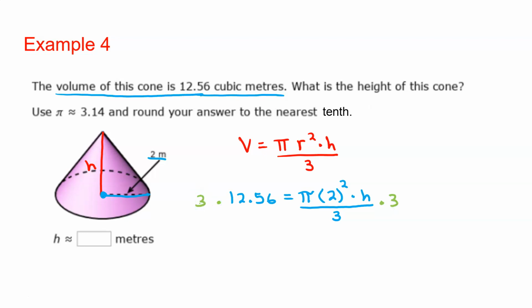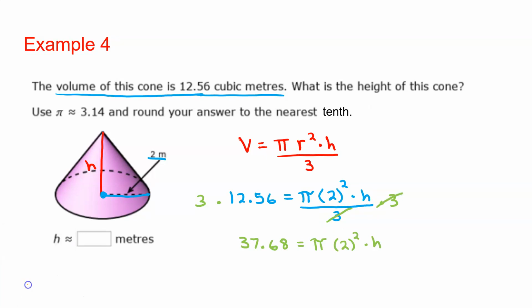Let me do that for the left side. What is 3 times 12.56? That gives me 37.68 is equal to pi times my radius, which was 2 squared, times my height. And these 3's end up canceling out, so I don't have to bring them down anymore.